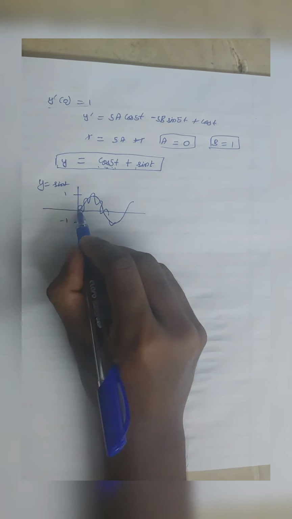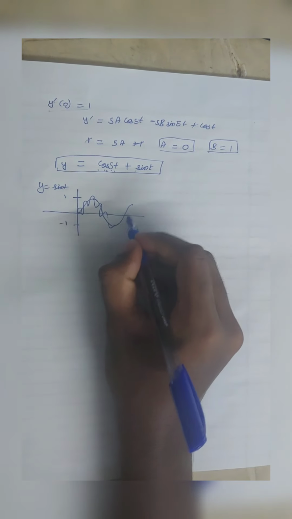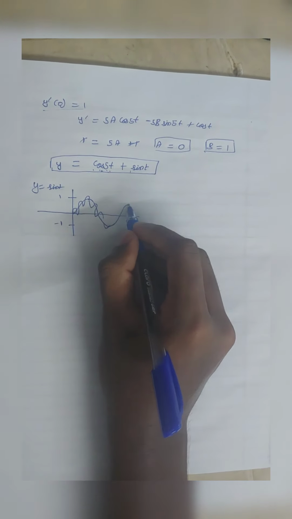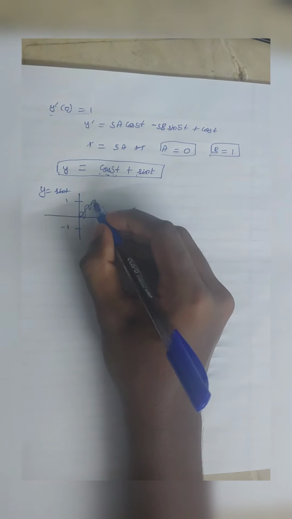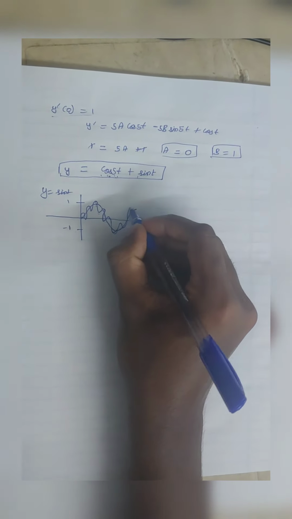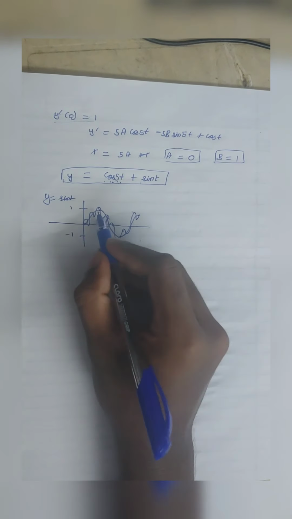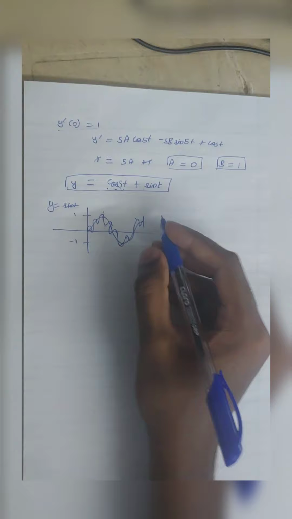So in one cycle, from one crest to one trough to another trough, we would have 5 times the frequency of the cos. So 1, 2, 3, 4, 5 from here to here.